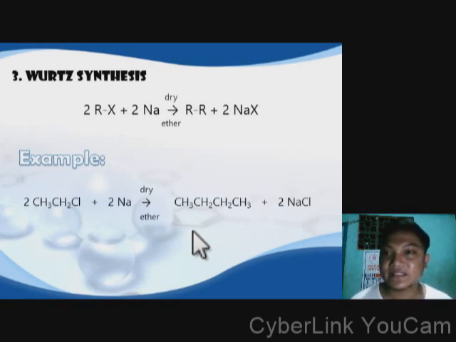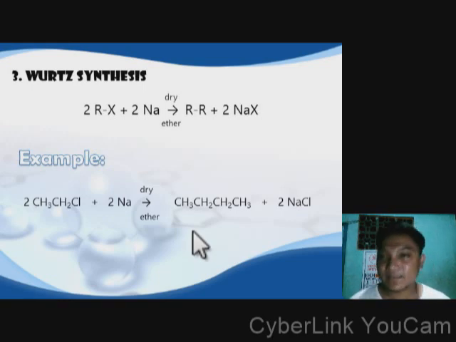Next is your Wurtz synthesis. Wurtz synthesis example. So, meron tayong two atoms of your alkyl plus your halogen. Then, 2 sodium atom. So, meron ang catalyzing agent natin for the reaction is your dry ether, forming you an alkane already, and then your 2 sodium and then halide.